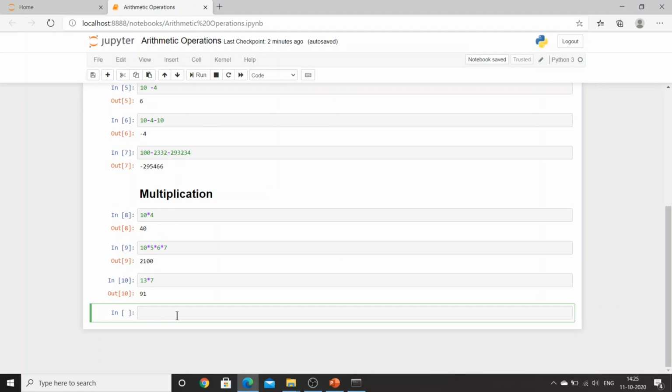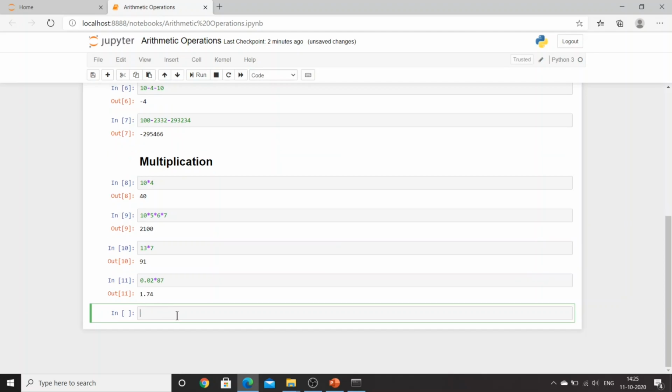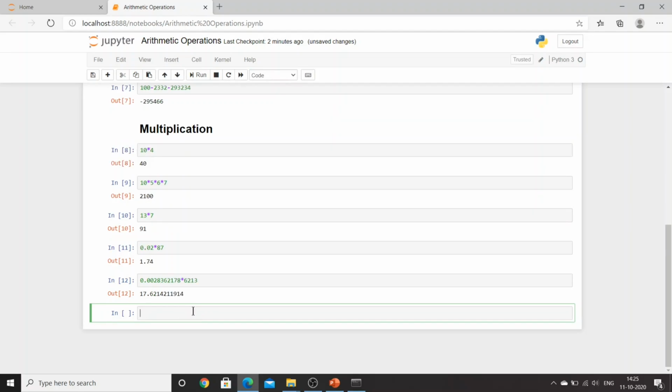So whatever multiplication you want, you can do it. If you want, you can use decimals as well. 87 into 0.02. You can use as many decimals as possible. No, W is not a number. So in this way you can get it.